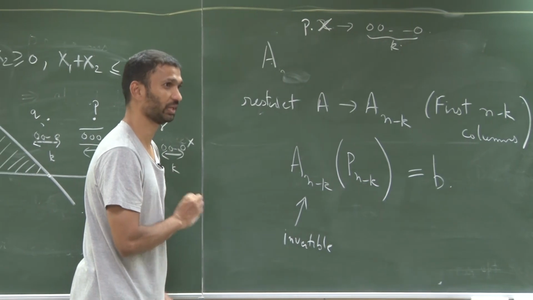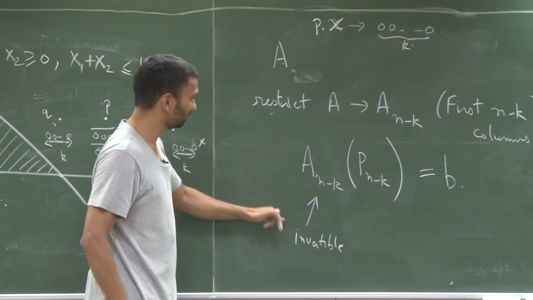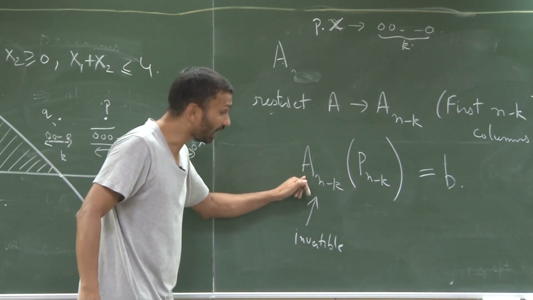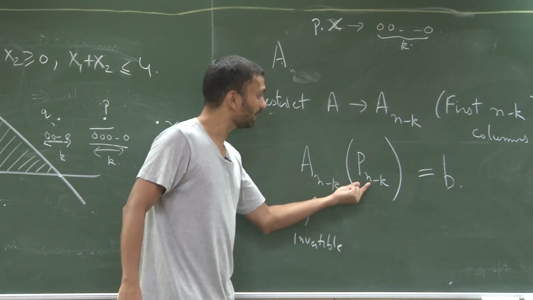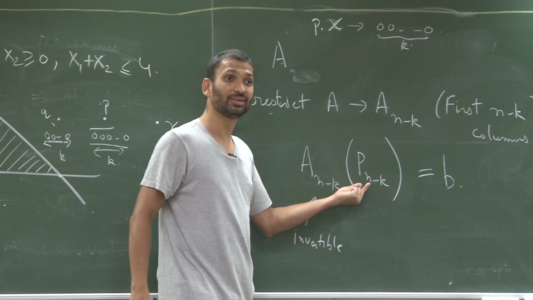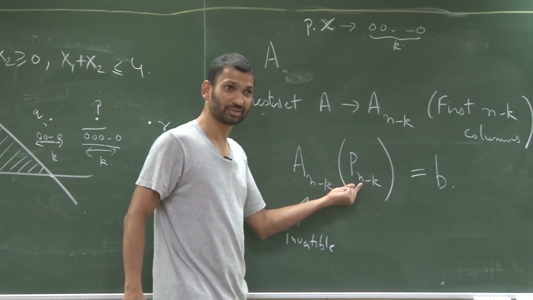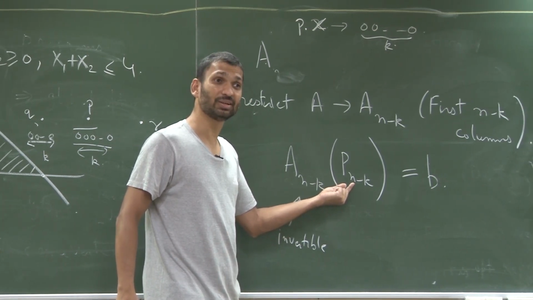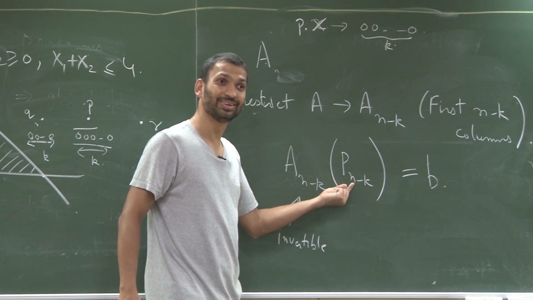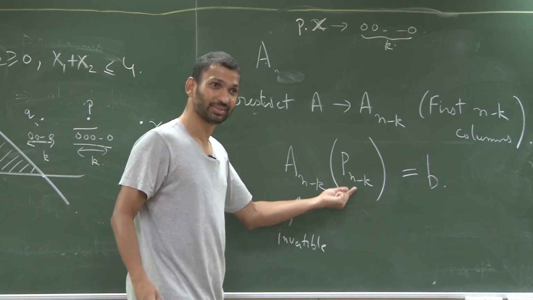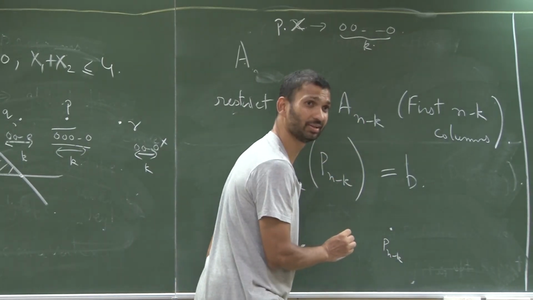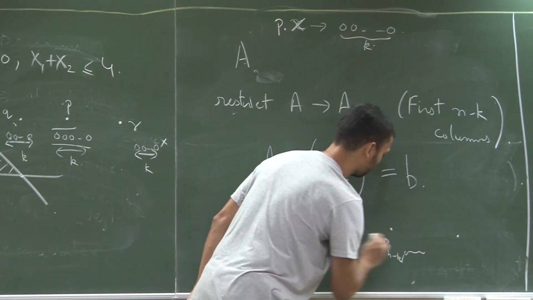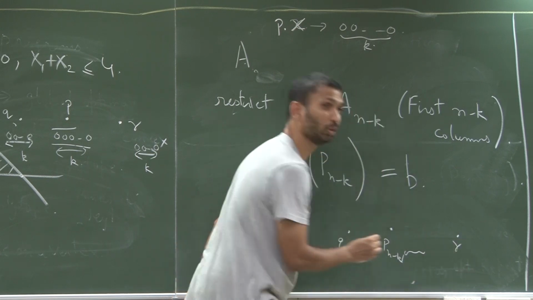Probably you might have had this intuition at some point, but now if this A_{n-k} was invertible, that means this is unique, and that means this is a vertex.